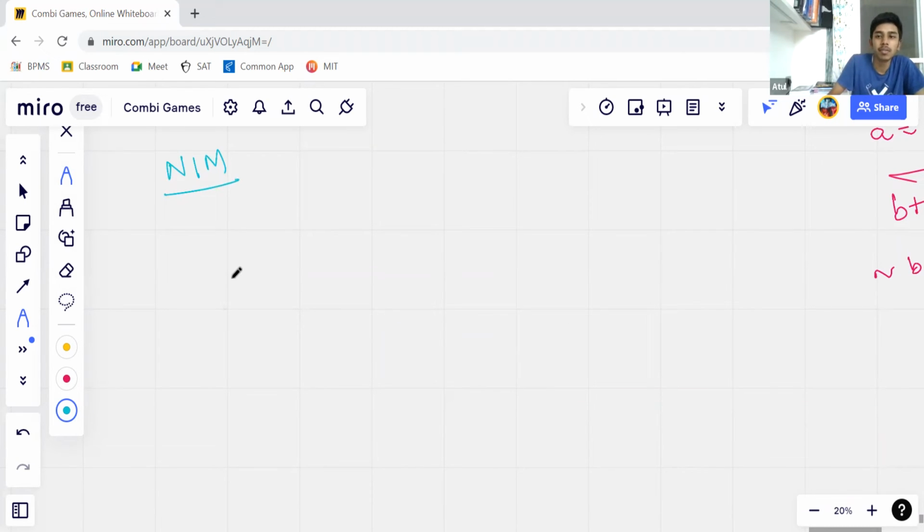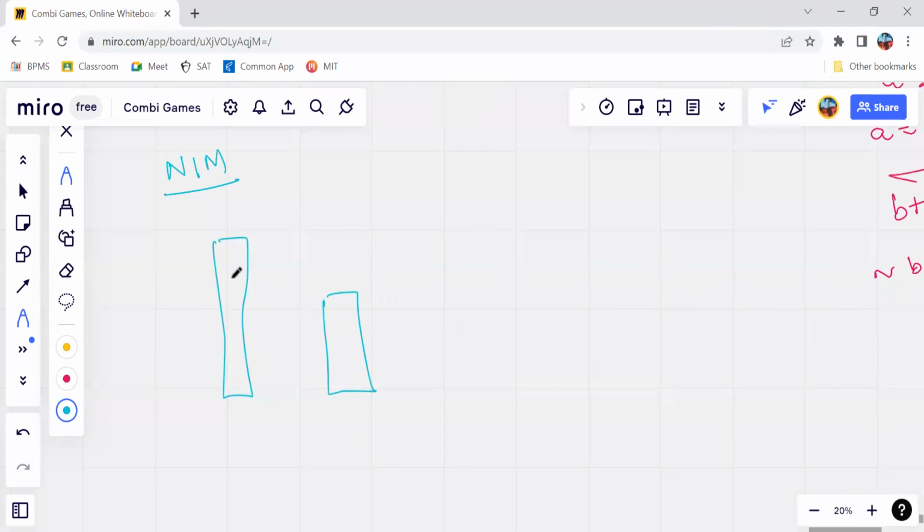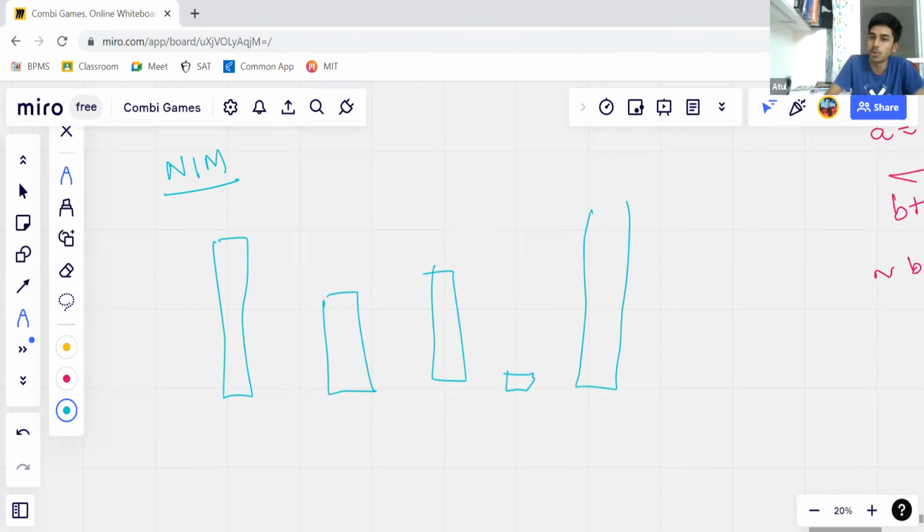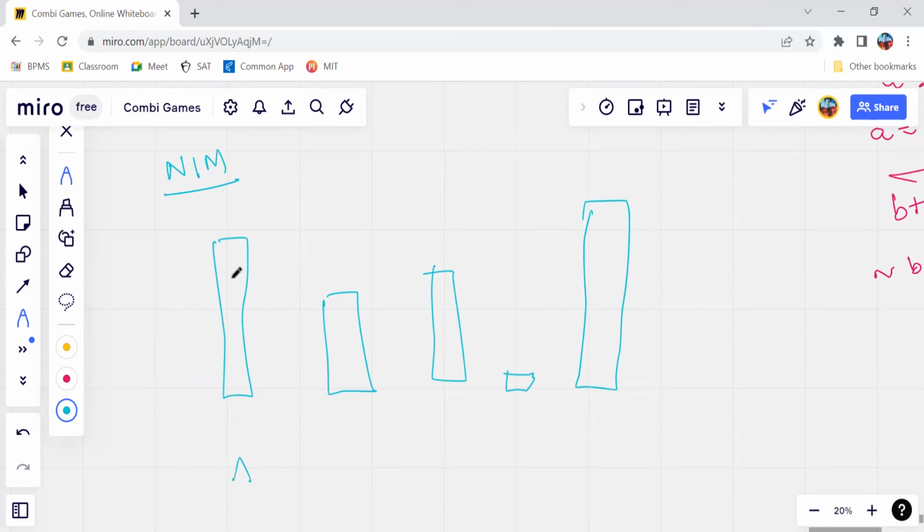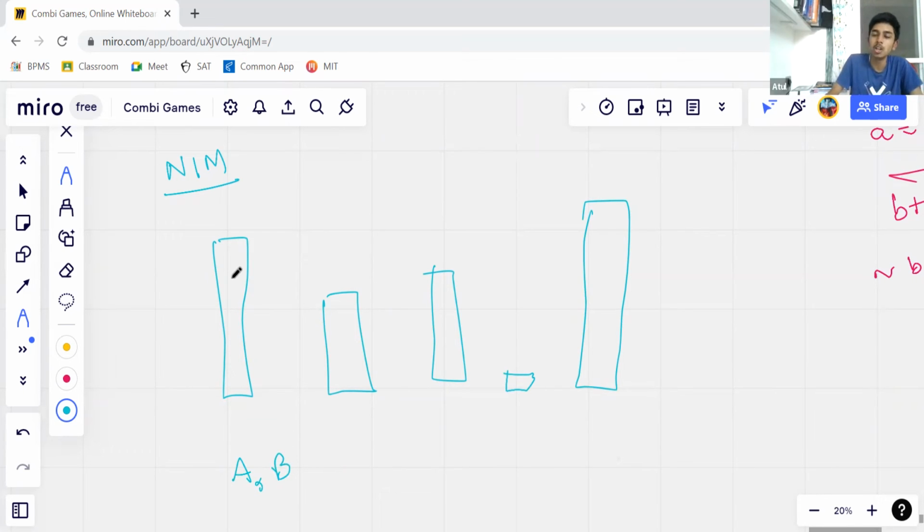So this is Nim. You have many piles, some finite number of piles. Each contains some number of coins or tokens, whatever. So two players A and B alternate turns. On one player's turn, he takes some number of stones from some pile, but from at most one pile.